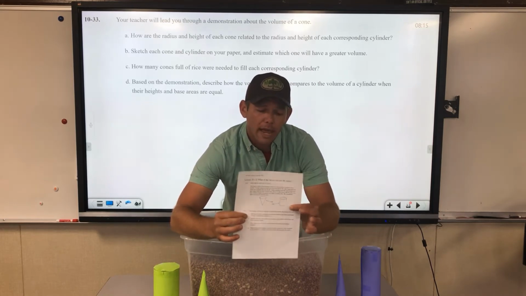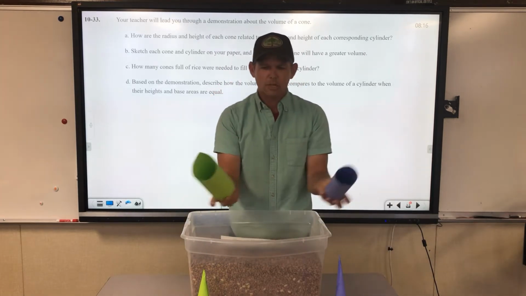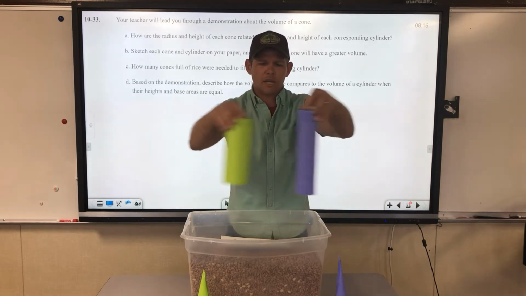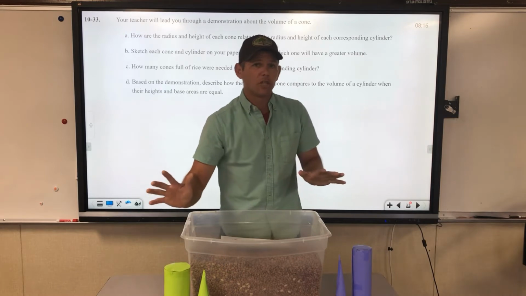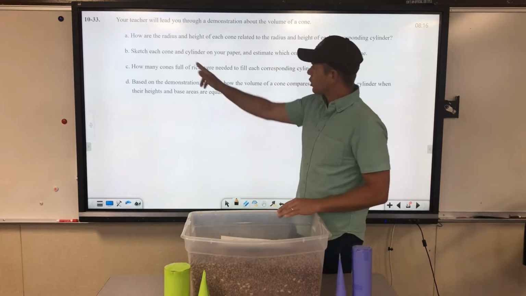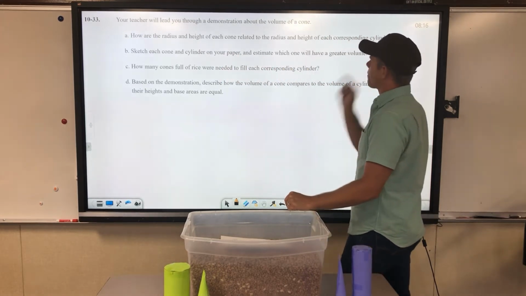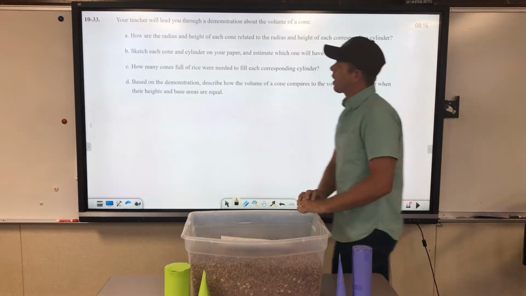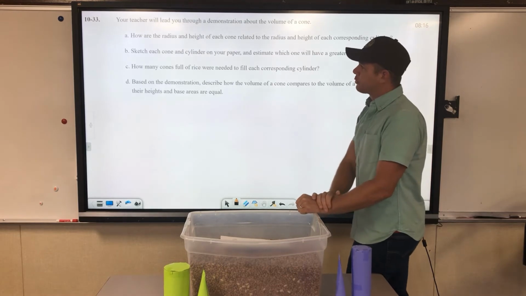You can answer that in letter B. Is it going to be a different situation if I change the cylinders? Go ahead and answer which one you think is going to have a greater volume, the cylinder or the cone.